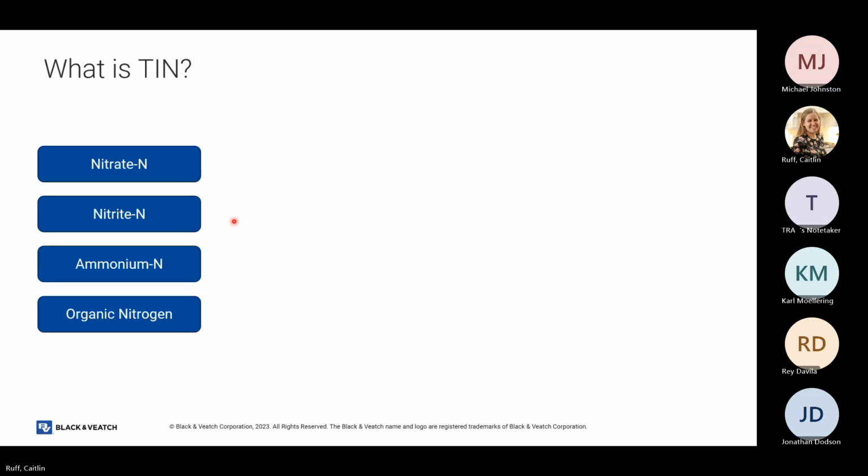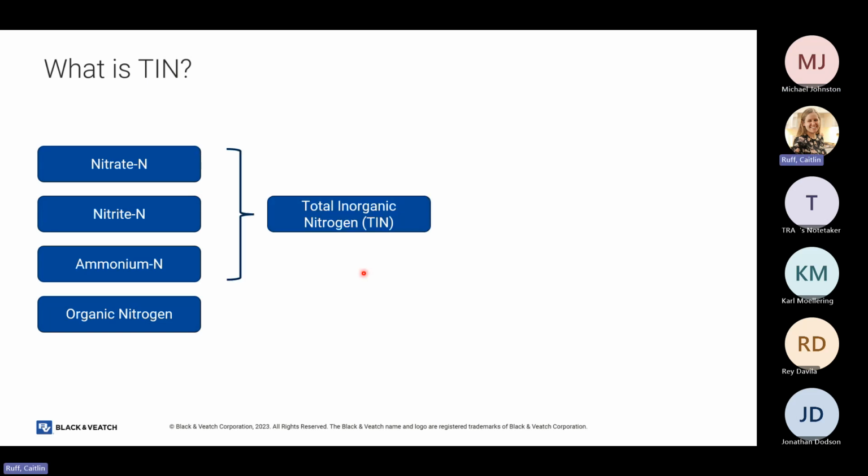Nitrite? Yep. And one more. Nitrate? Yep. So all the inorganic portions. Basically you could look at your total nitrogen and then subtract out your organic, or sum up your nitrate, nitrite, and ammonium, and that'll get you your total inorganic nitrogen.